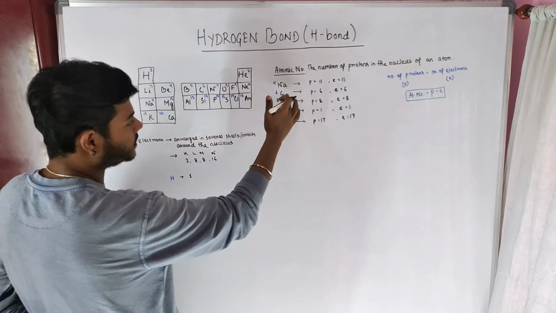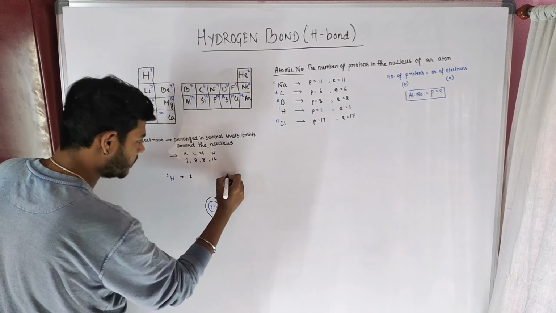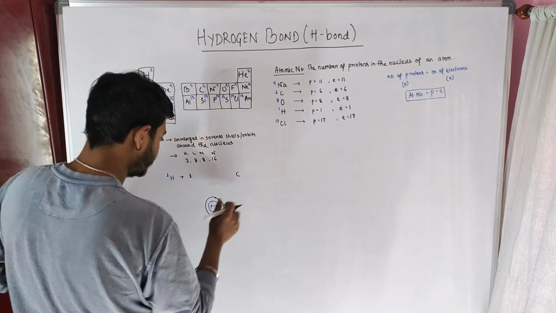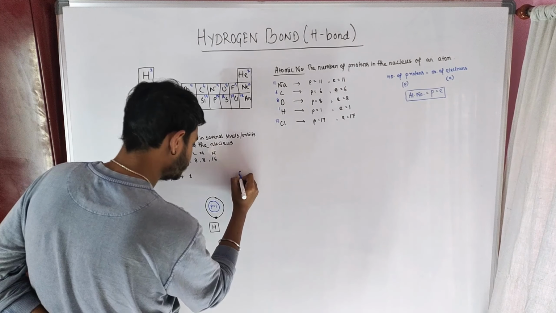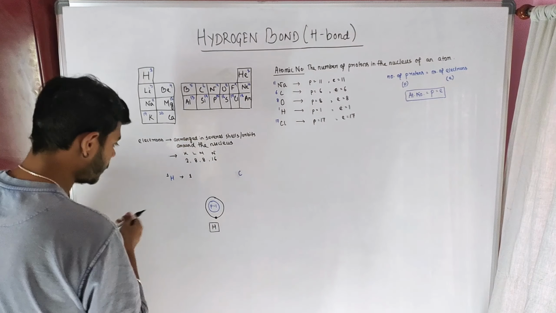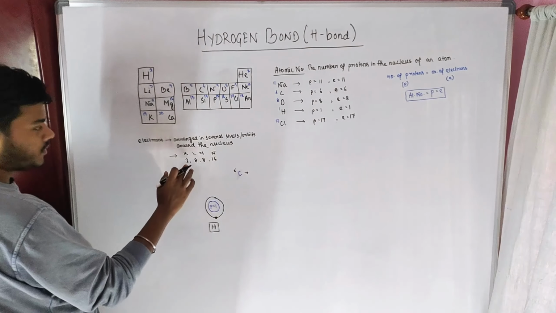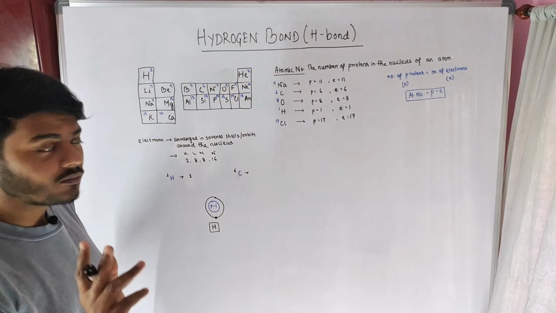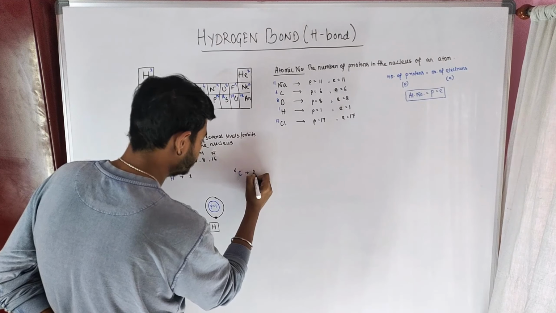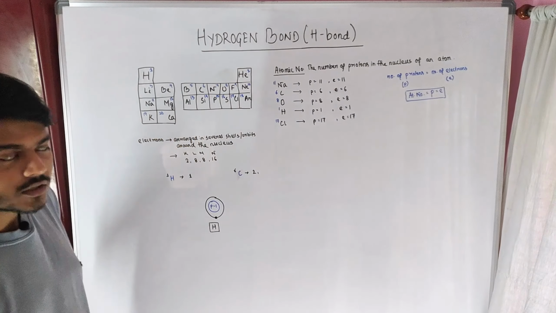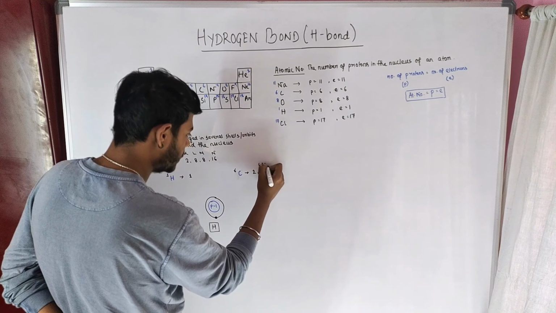Now let us go to the next one, carbon, which has an atomic number of 6. The K shell can accommodate a maximum of 2 electrons. So out of 6, the K shell will have 2. What's the remaining number of electrons? 6 minus 2 is equal to 4.